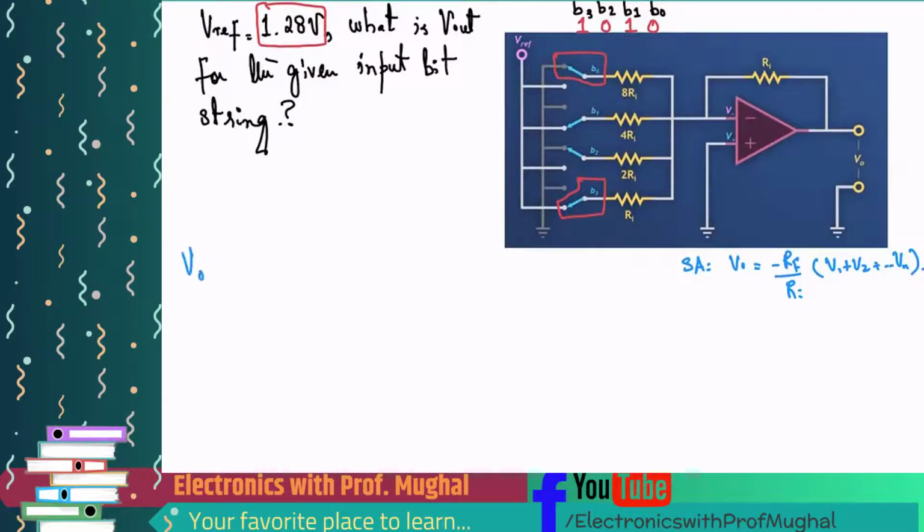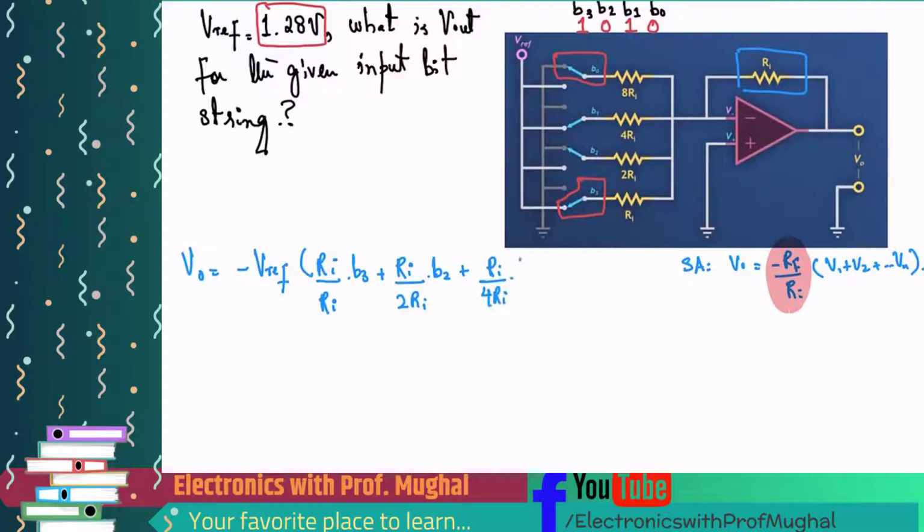This is going to be V out equals minus Vref, and then Ri over Ri times B3, plus the feedback resistor Ri over 2Ri times B2, plus Ri over 4Ri times B1, plus Ri over 8Ri times B naught, bracket close. Okay, all right.